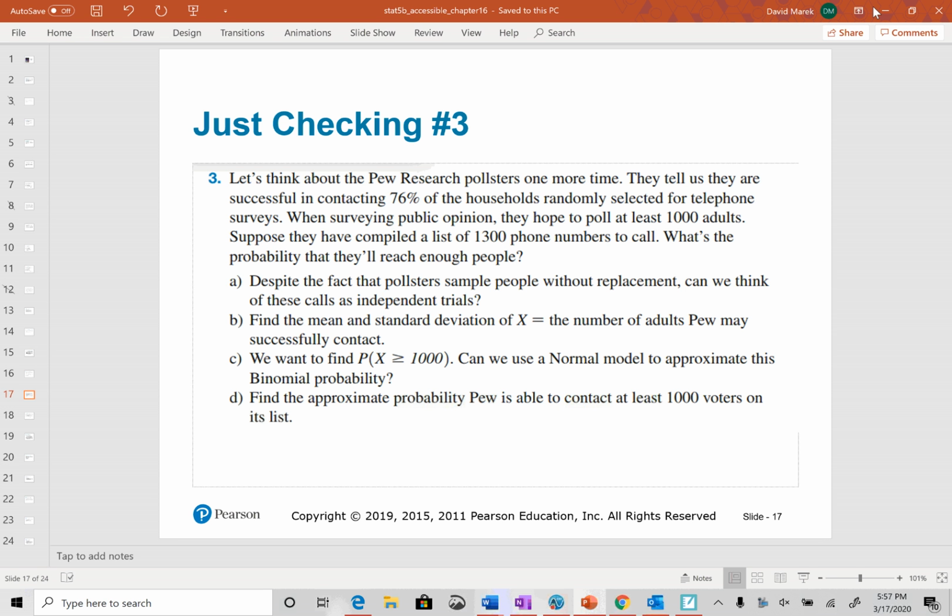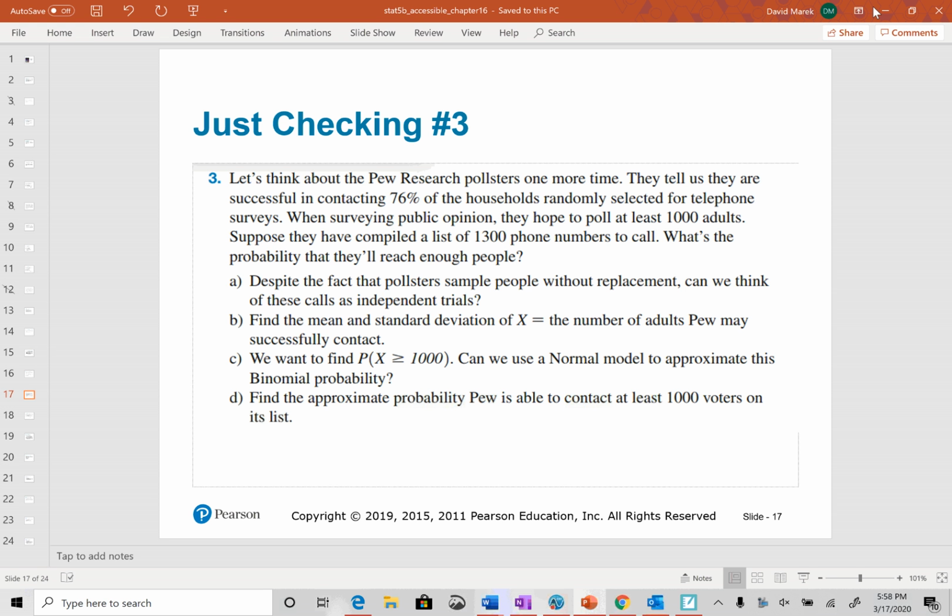So again, there are steps we need to get to before answering the basic question. Despite the fact that pollsters sample people without replacement, can we think of these calls as independent trials? How many households are there in the United States? They've got a list of 1,300 phone numbers.